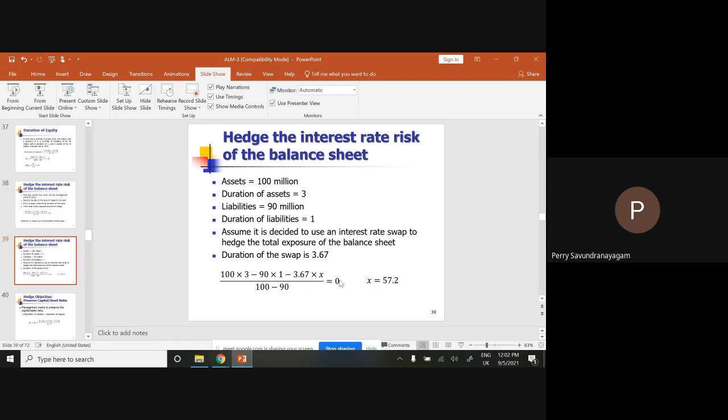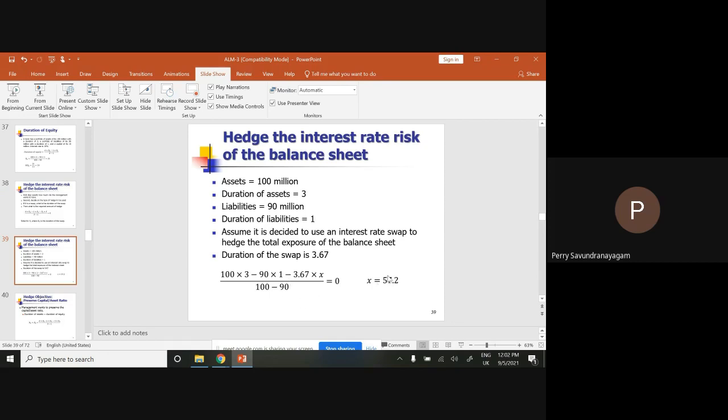Now overall you want to hedge your risk on your existing duration of 3.67 on your book. Now you've got to solve for what amount you want to hedge, because now you've created assets of 100. Your liabilities is this. Now you need to sort of balance this off.